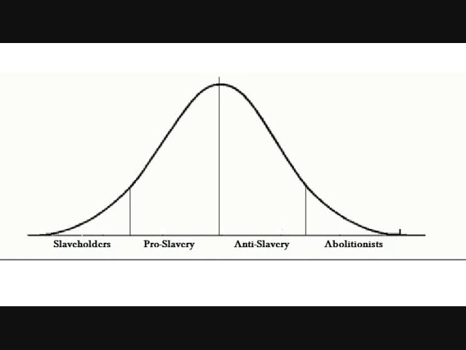Sometimes this scale can be flip-flopped. You have slaveholders, pro-slavery, on the lower end, okay? Then you have anti-slavery and abolitionists. So it can be flip-flopped. So you see how easy it can be used, either as a positive or a negative.